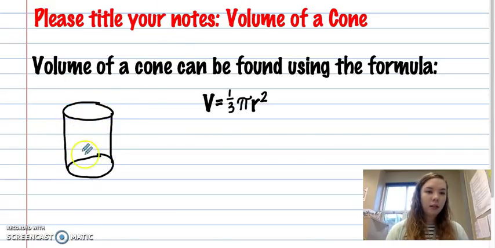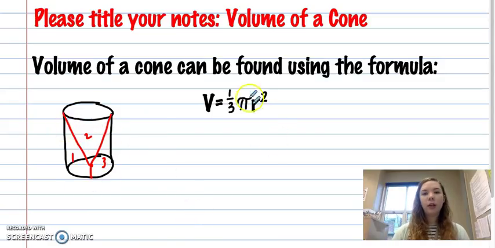I could fit, if I find the center of the circle, I have one, if I extend this just a little bit, I have one, two, three cones inside of this cylinder.